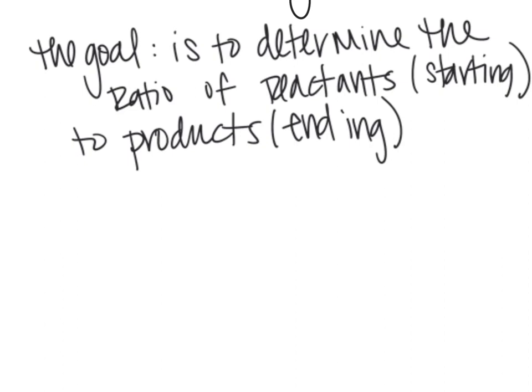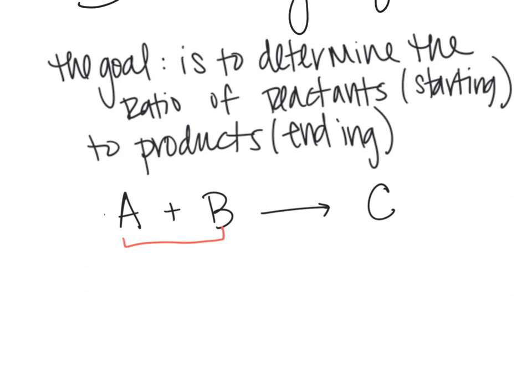interact with one another. So when we have a chemical equation, if we were to write a generic equation, it might look like A plus B produces C, where A and B are going to be our reactants. And C is going to be our product.